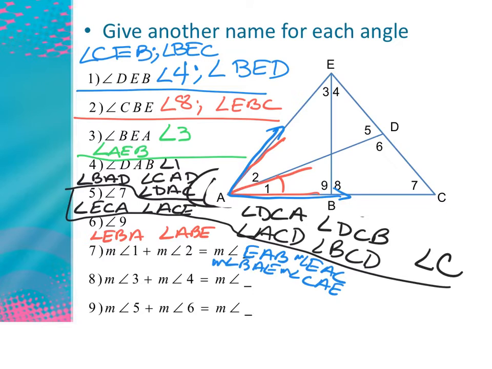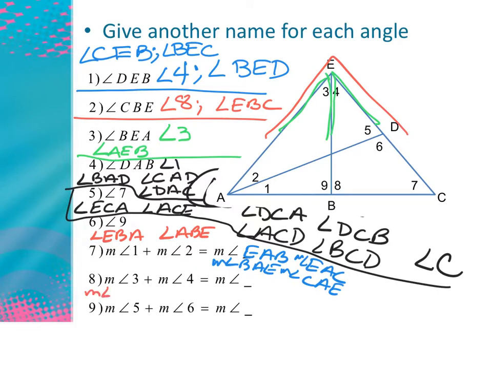If I were to add 3 and 4 together, so here is 3, here is 4. Together, they're going to now make the larger angle, and that one's going to be the measure of angle AED.